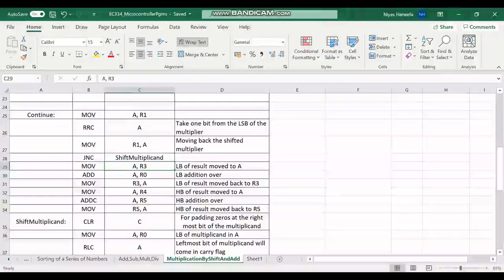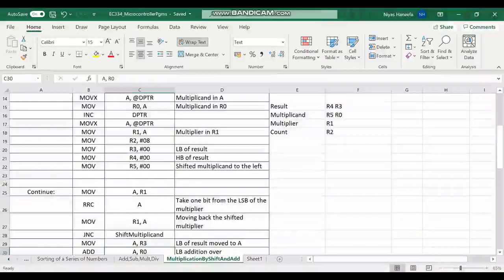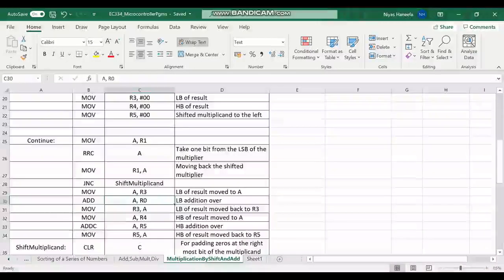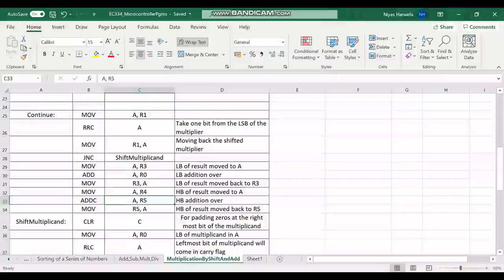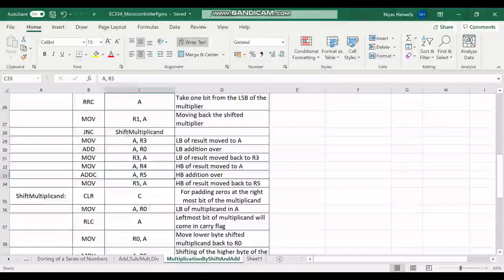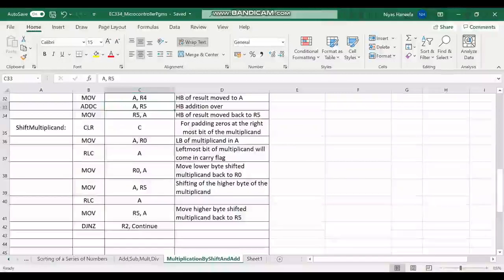So we'll again move the lower byte, we'll add the shifted multiplicand with the higher byte and the result. Then we'll move that back to R3. Then we'll move the higher byte of the result into A. Then we'll add with carry that higher byte. We'll move it back. After that, irrespective of whether the multiplier bit is 1 or 0, you have to shift the multiplicand. So that is performed.